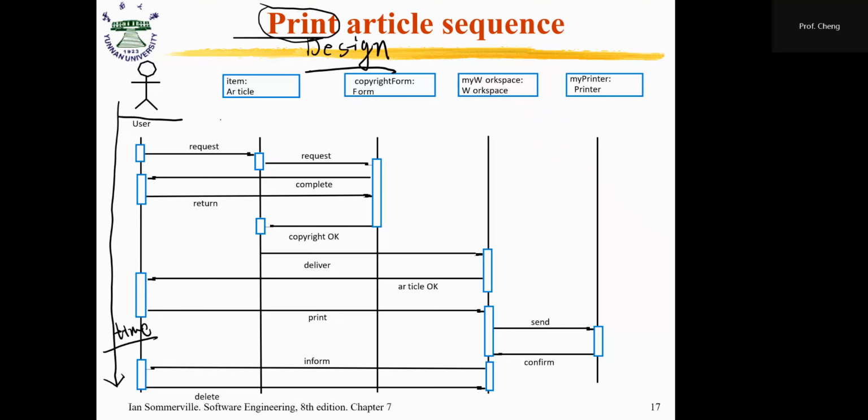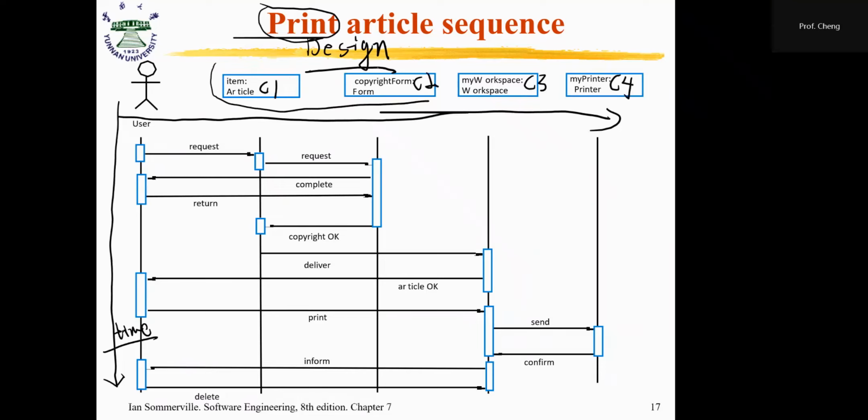But the horizontal line is for actors, for different components, like component 1, component 2, component 3, component 4. All these components are other systems.